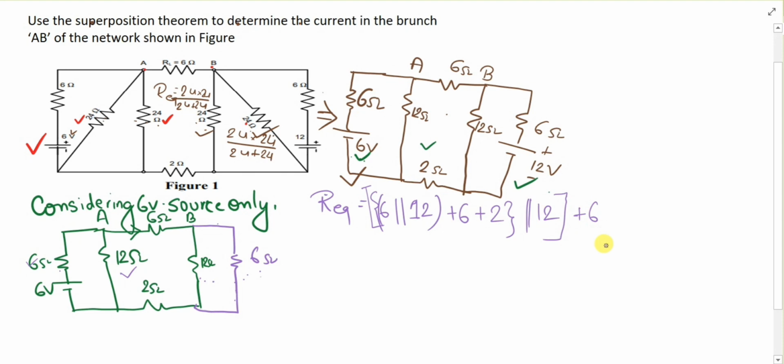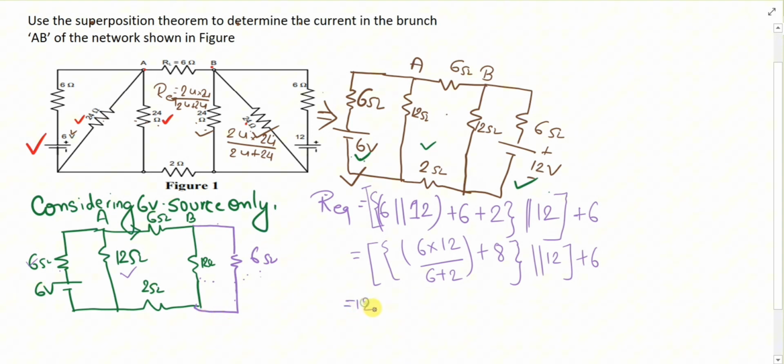I hope you know this process. I have done nothing, just substituted the values. Let's put 6 into 12 upon, you can also perform it by reducing the circuit, plus 8, which is parallel with 12, and plus 6. Once you conduct all of them, you will find that the resultant resistor is 12 ohm.